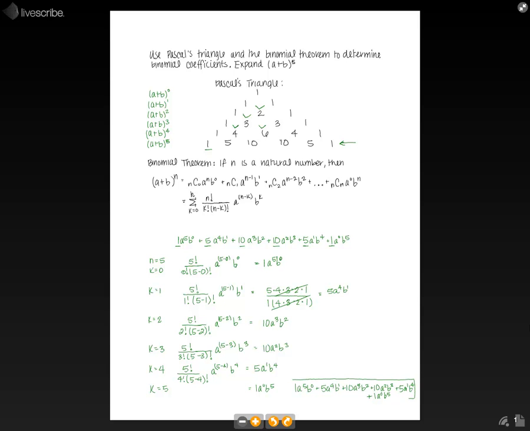So as you can see, that's the same thing we got when we used Pascal's triangle. So the binomial theorem allows us to find both the coefficients and the exponents for the terms.